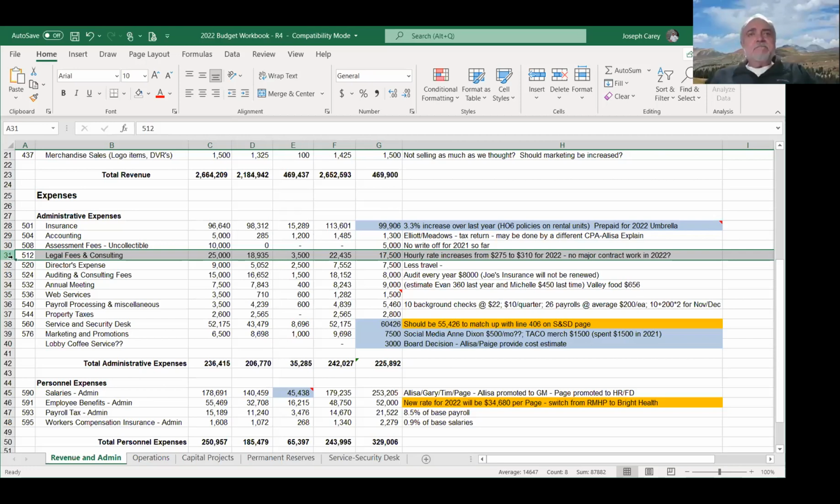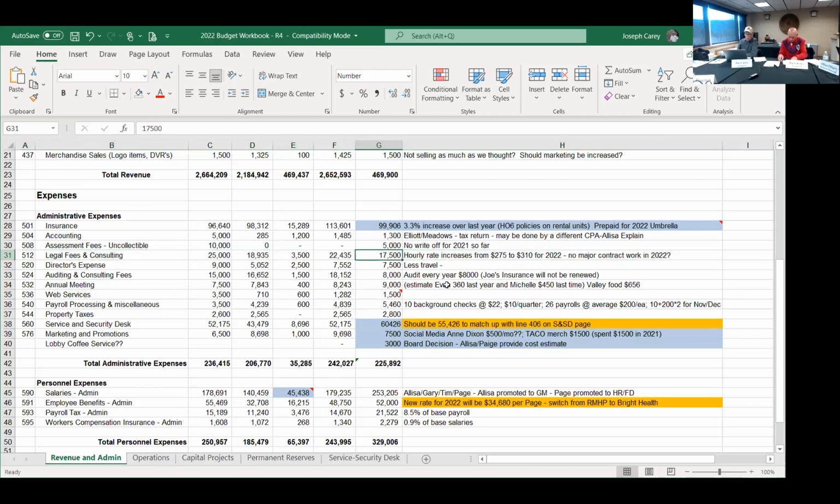Okay. Yeah, I think we should be good. I put the 17.5 in there with the logic being that we don't have any major contractual business coming up.